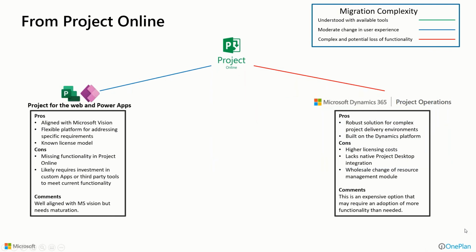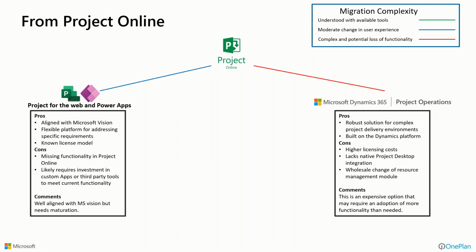Now, how are you going to get there? A number of the people who use Microsoft Project today are using Project Online as the full online solution for managing projects and portfolios. So the question may be, what's next? Project Online is what people are using today. But Microsoft is reimagining Project in the Power Platform.